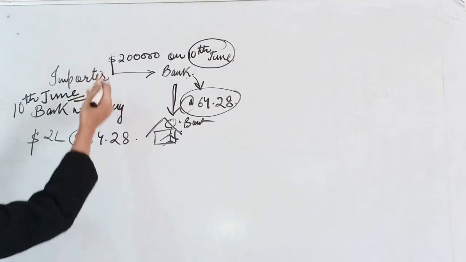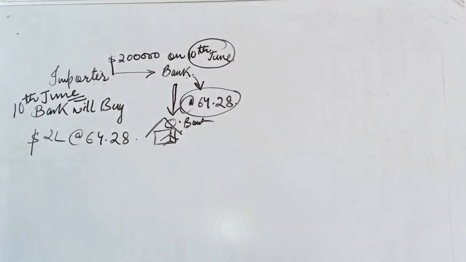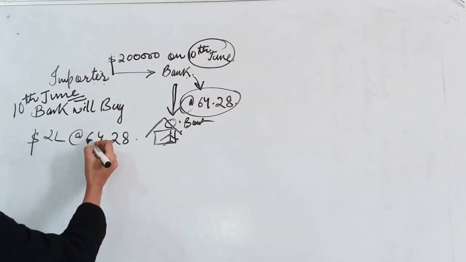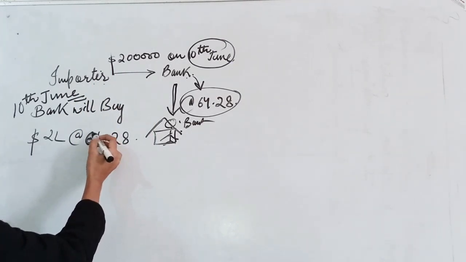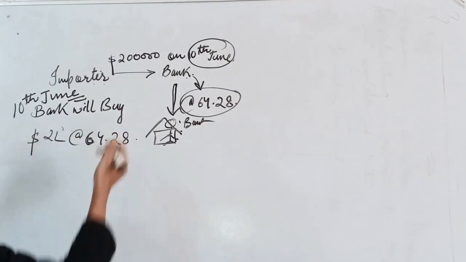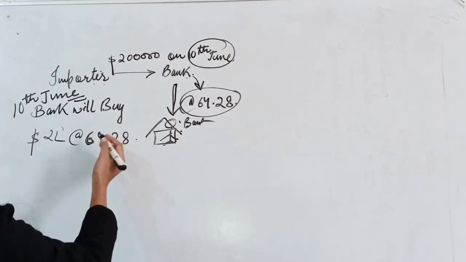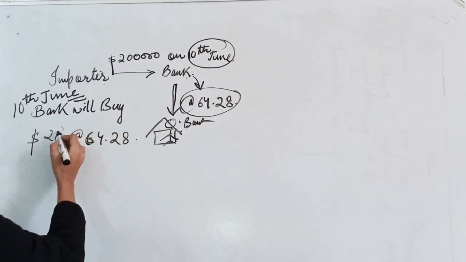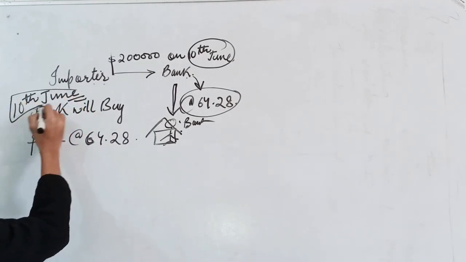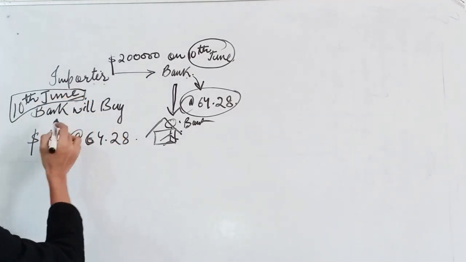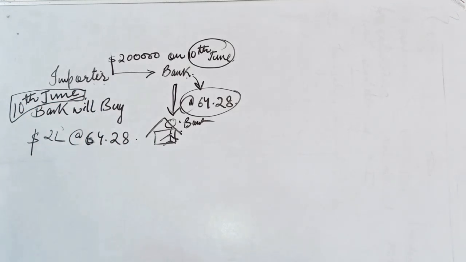But the importer didn't come, so the bank has to sell this now. Because what will it do by keeping $2 lakh with itself? So it went to another bank on 10th of June and asked the other bank for buying $2 lakh from it. Okay? So there is a line in the question: on 10th of June, the bank swaps.